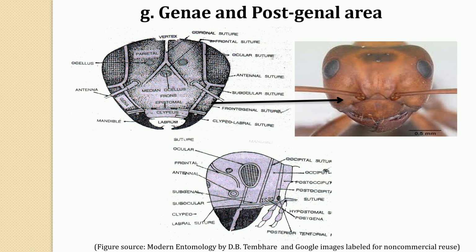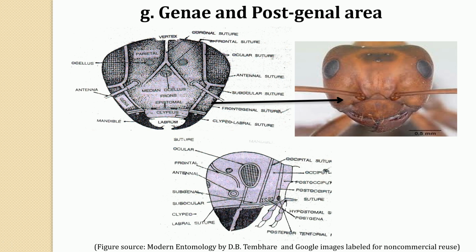The subgenal areas above and below the mandible can be referred to as the pleurostoma and hypostoma respectively, which we have already discussed in the first lecture. That is, the subgenal suture is a composite suture forming the pleurostomal suture and the hypostomal suture, forming the pleurostoma and the hypostoma respectively.